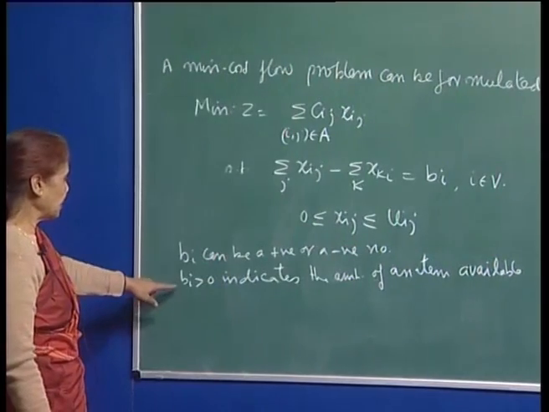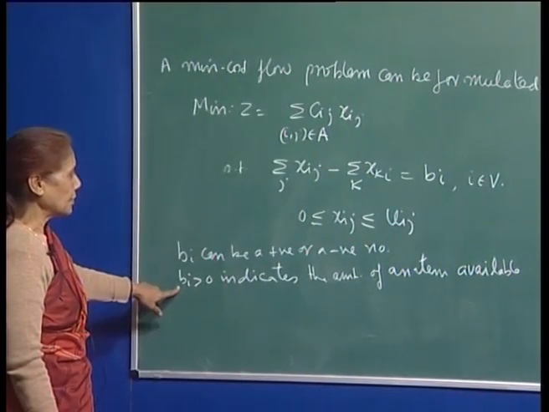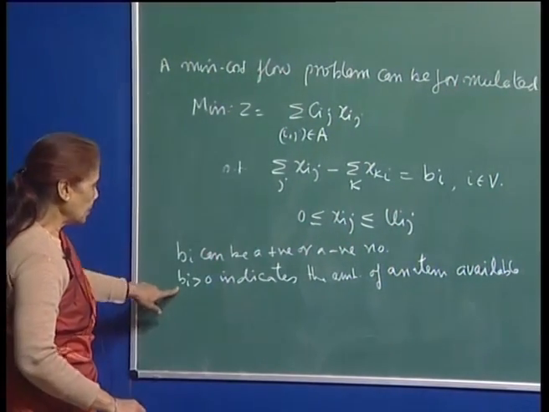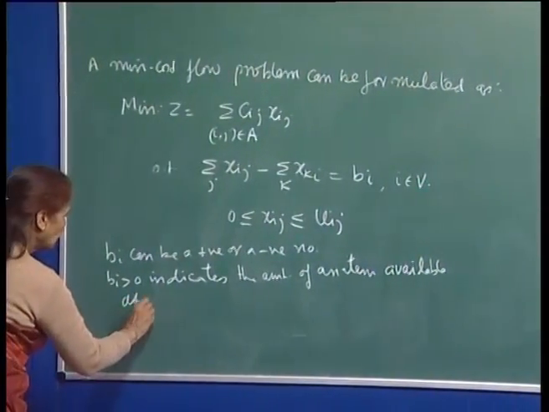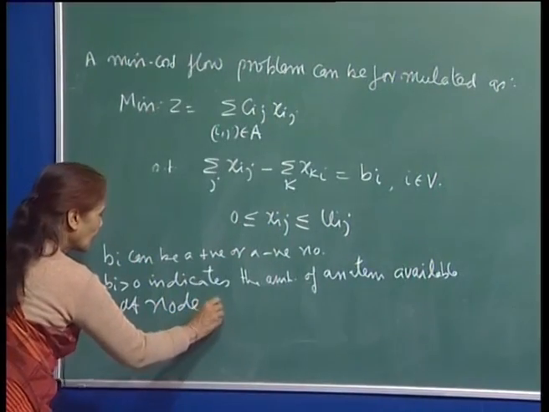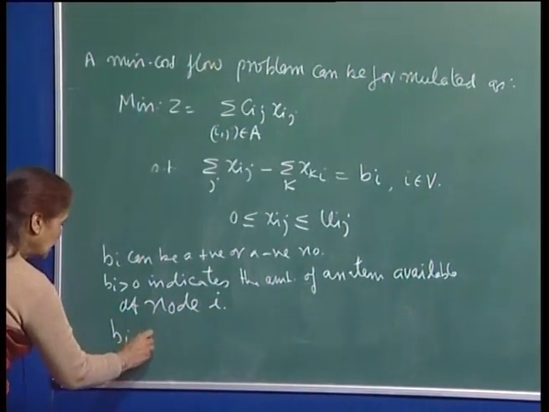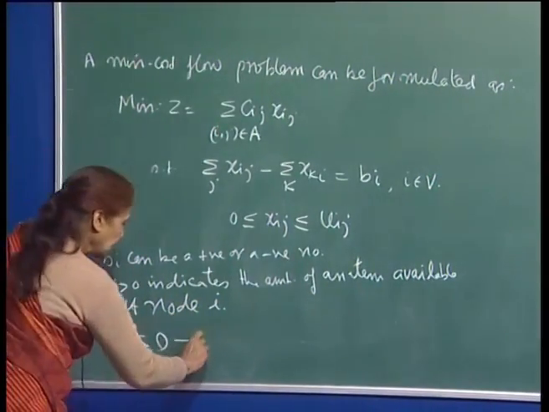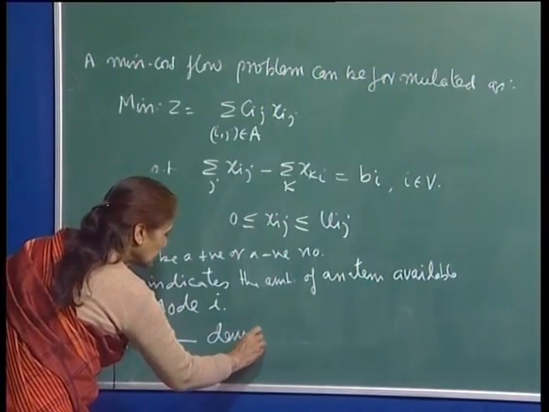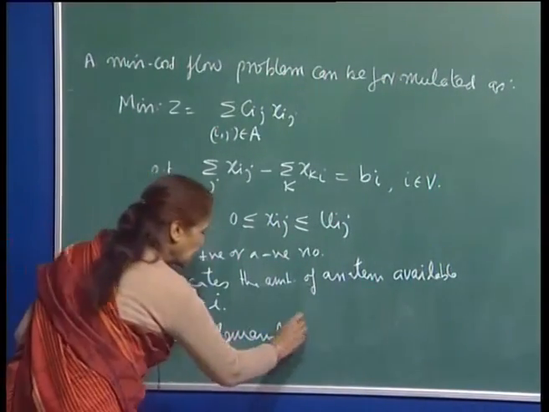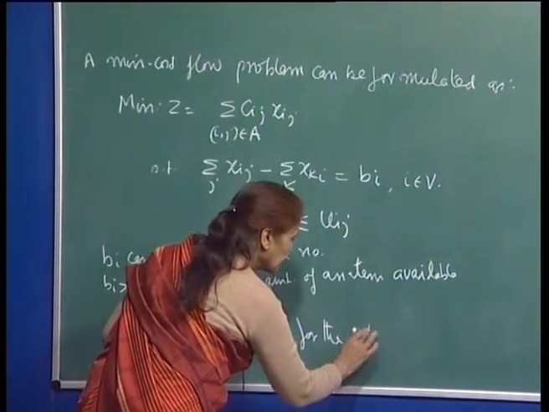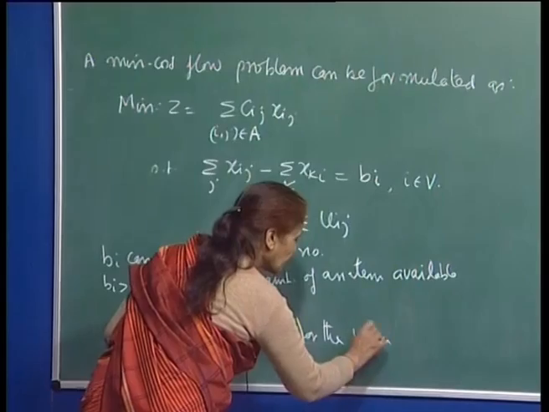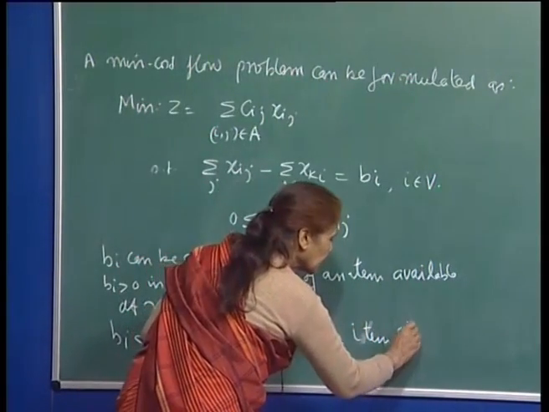So, bi positive indicates the amount of an item available at node i. And bi less than 0 would indicate the demand for the item at node i.